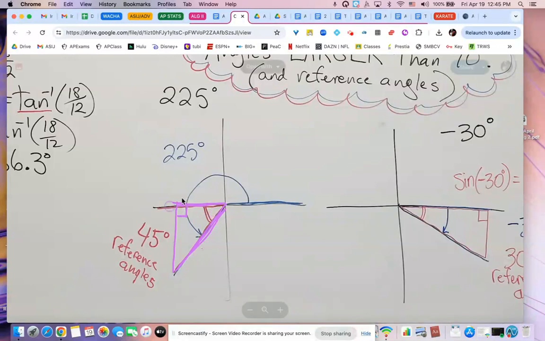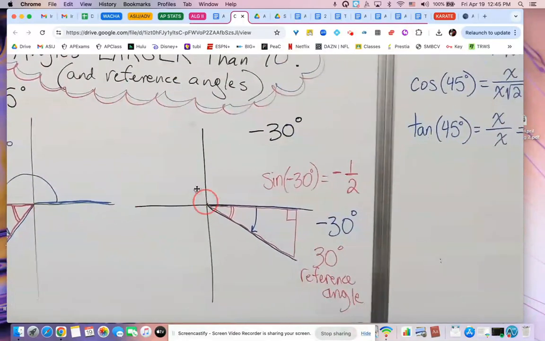So whenever I do a trig function for 225 degrees, the sine ratio is going to be negative, the cosine ratio is going to be negative. The tangent's actually going to come up positive, because you're going to take the negative divided by a negative, and you end up with a positive for tangent. So just keep in mind, if you have a side going to the left, it's negative. If you have a side going down, that is also negative.